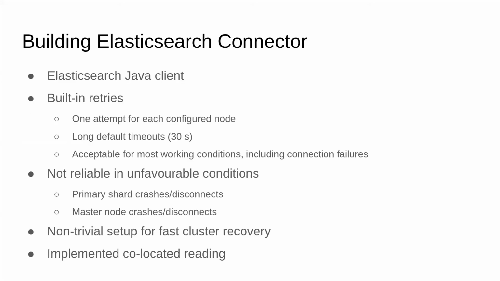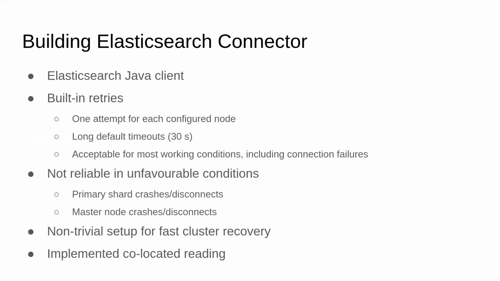So what I think is going to be interesting to this group is how we build the Elasticsearch connector for Hazelcast Jet. First we had a choice whether to use the Elasticsearch Java client or whether to directly use the REST API.